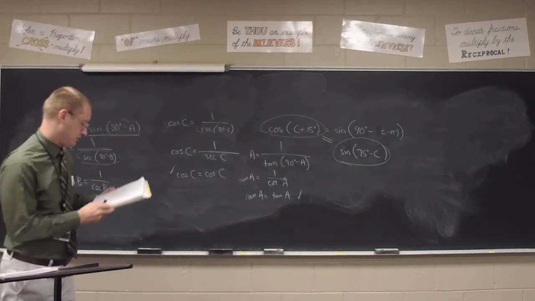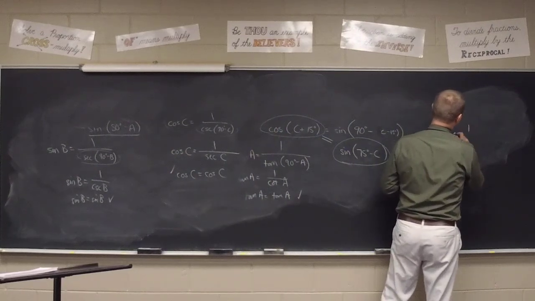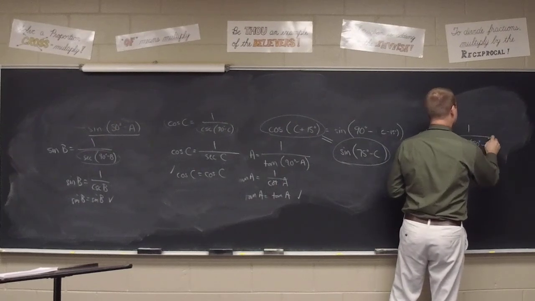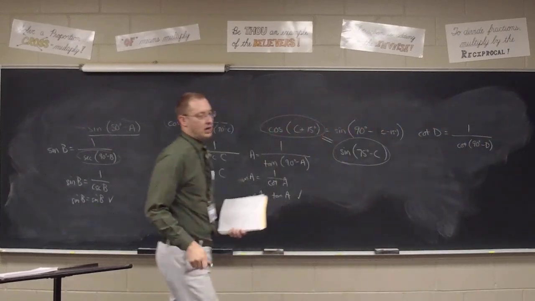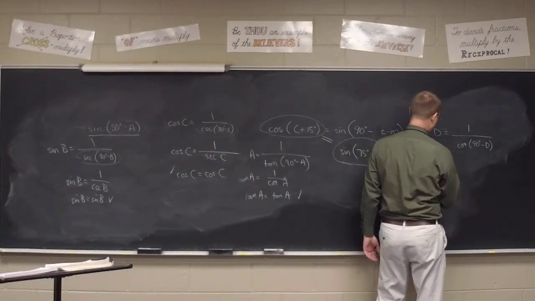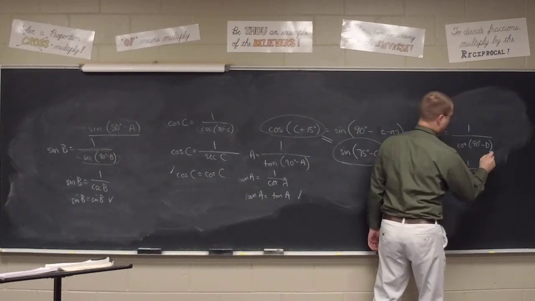Number 34. It says that the cotangent of D supposedly is equal to 1 over the cotangent of 90 minus D. All right. Quentin? Cotangent D equals 1 over tangent D. How did you get tangent of D?